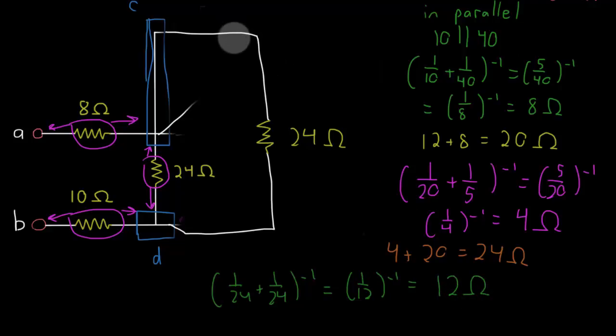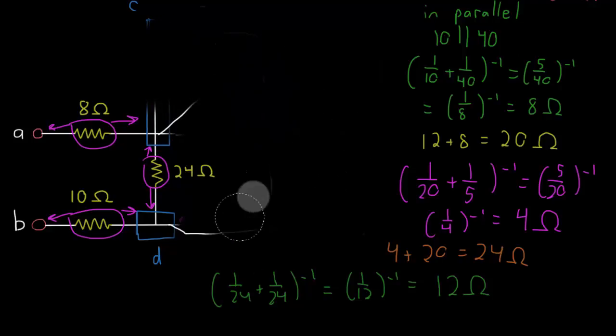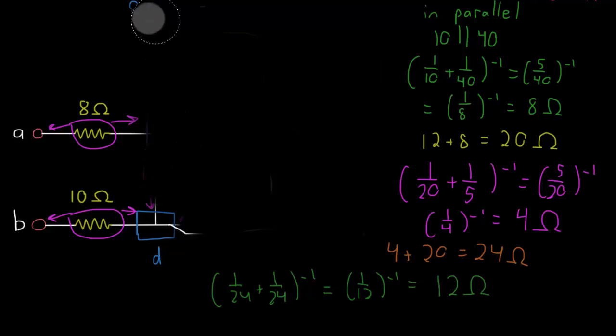Alright, so now again we can delete these two, and as long as we create a resistor between node C and node D, it should be fine. So let's erase this part, but we still need to keep node C and node D. Let me draw it. This would be node C, and our resistor would be, as we calculated, 12 ohms.